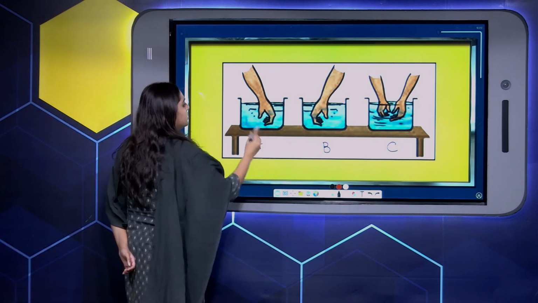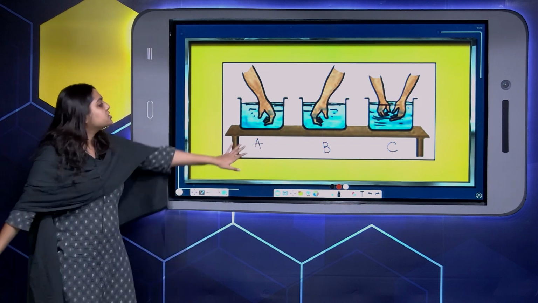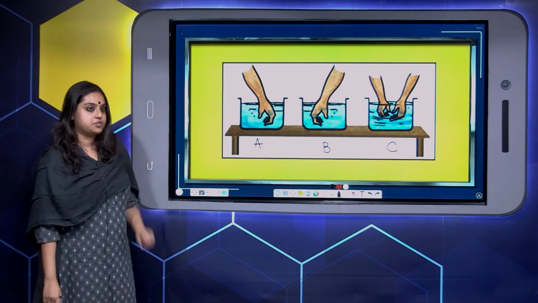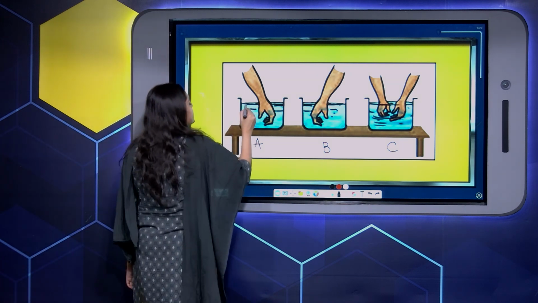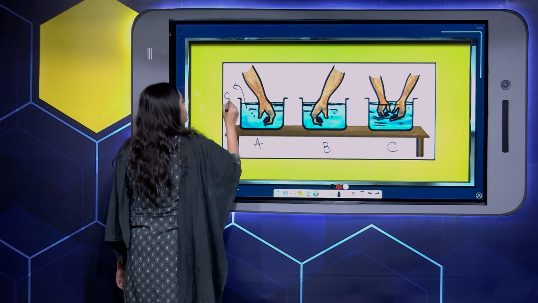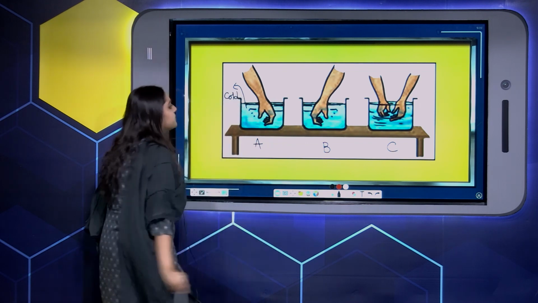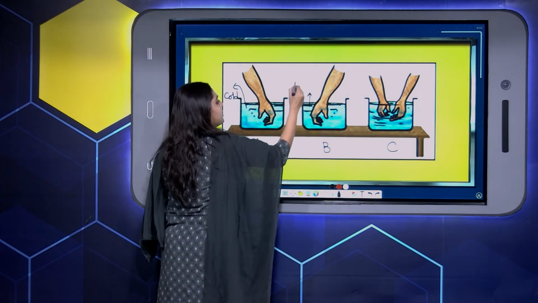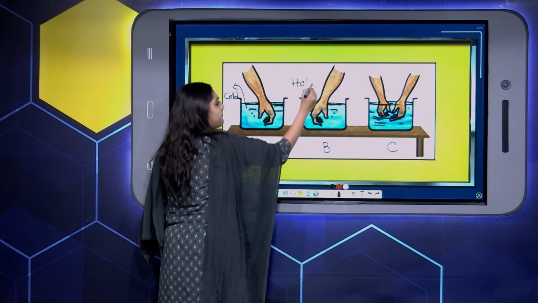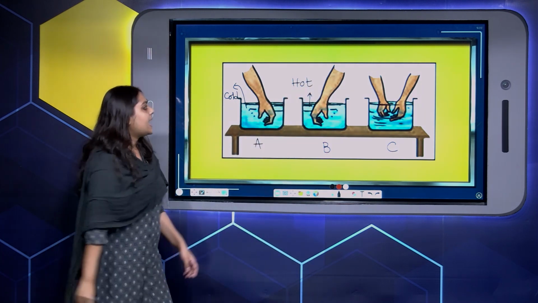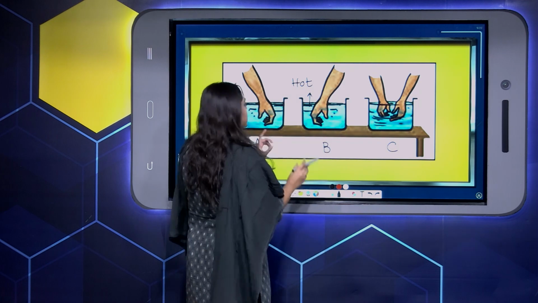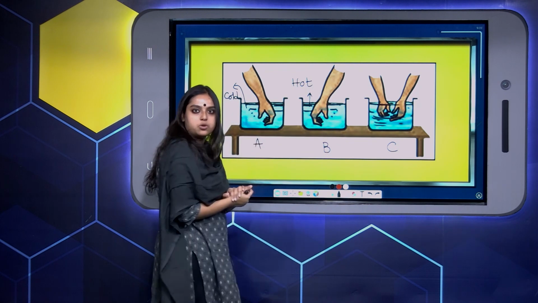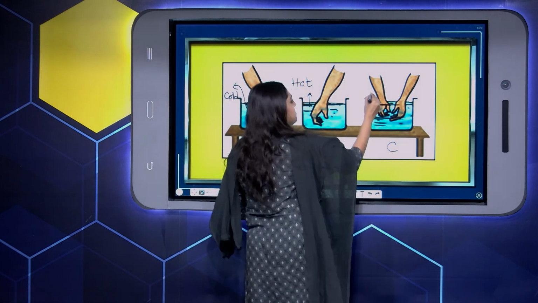Now, in the 3 beakers, we put water of same quantity, but there's a difference. Here, it is cold water. I'm just writing cold, okay? Here, it is hot water. And this water is a mixture of the cold water and the hot water. So, I am writing here mixed.